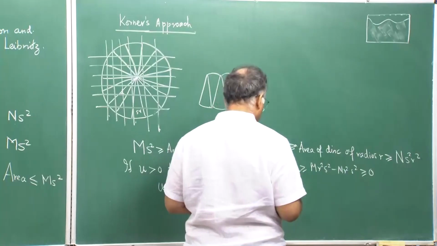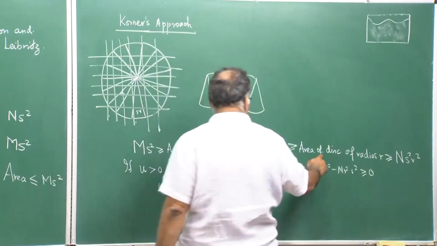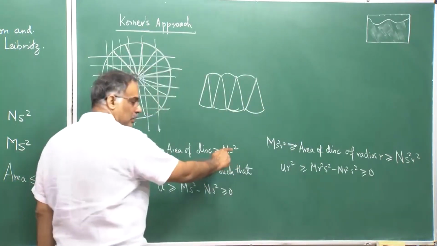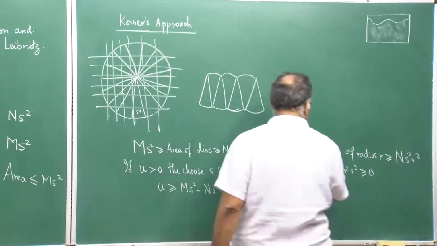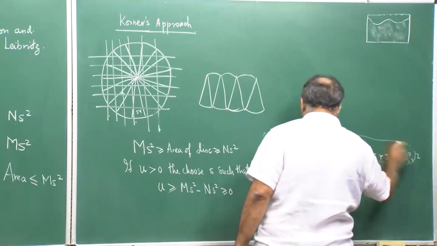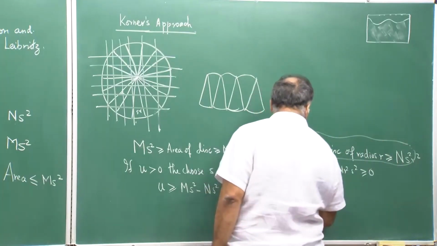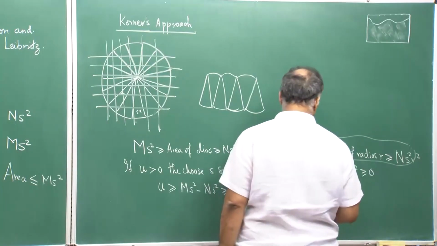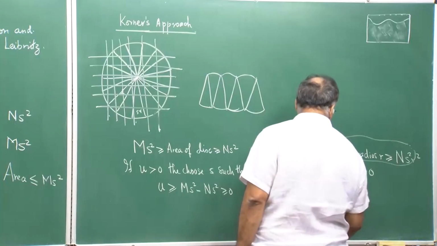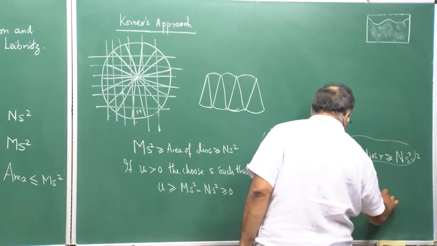So what have you done? Area of the disk of radius r, basically I multiplied everything by r. So this line can now be written as ms square r square is bigger than r square times area of disk of radius 1.